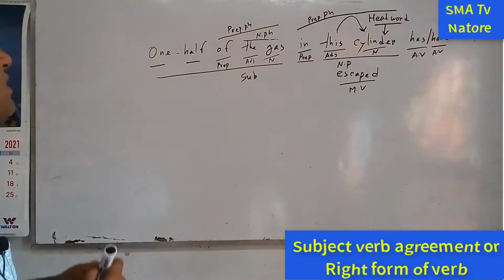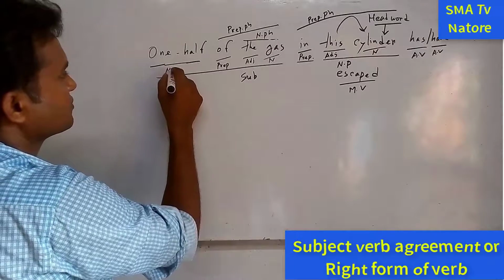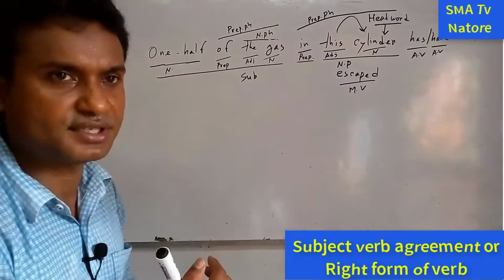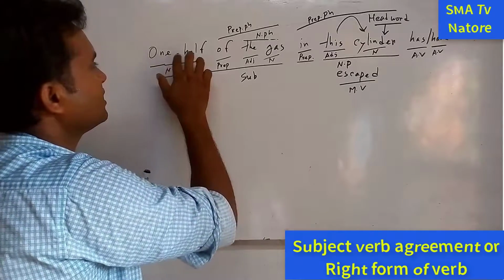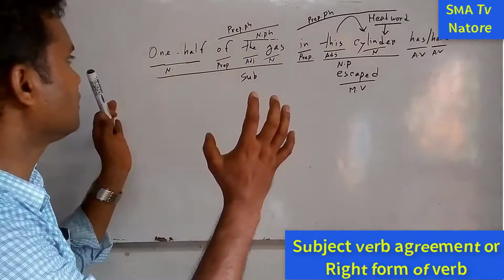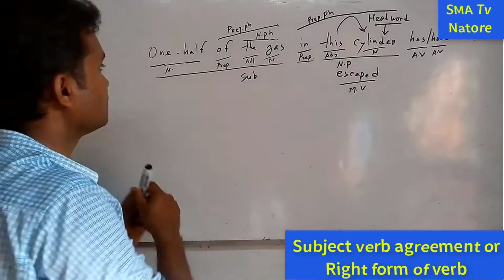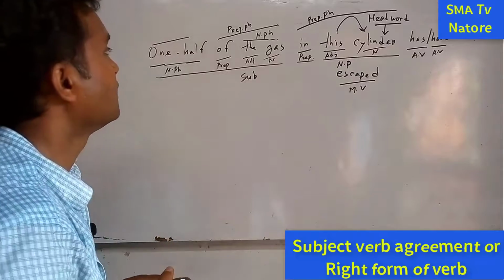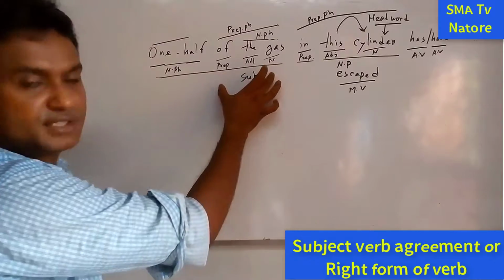But this one is completely a noun. Although there are two parts, one and half, there is a hyphen, so they are combined and connected, both words indicating a single word. So this one is a noun, or you can say a noun phrase.